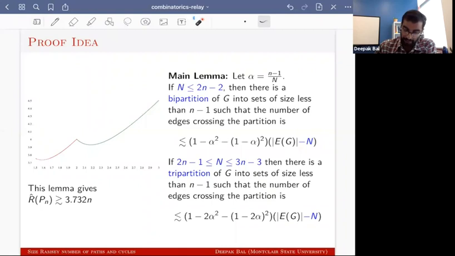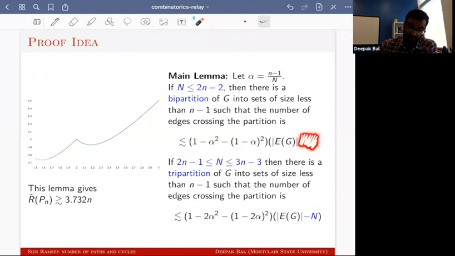So this, by the way, if this minus n, big N, wasn't here, then this is what you would get if you just randomly partition the vertices into sets, where you let each vertex be in the left with probability alpha, and in the right with probability 1 minus alpha. So you would get this many edges crossing the partition, right?